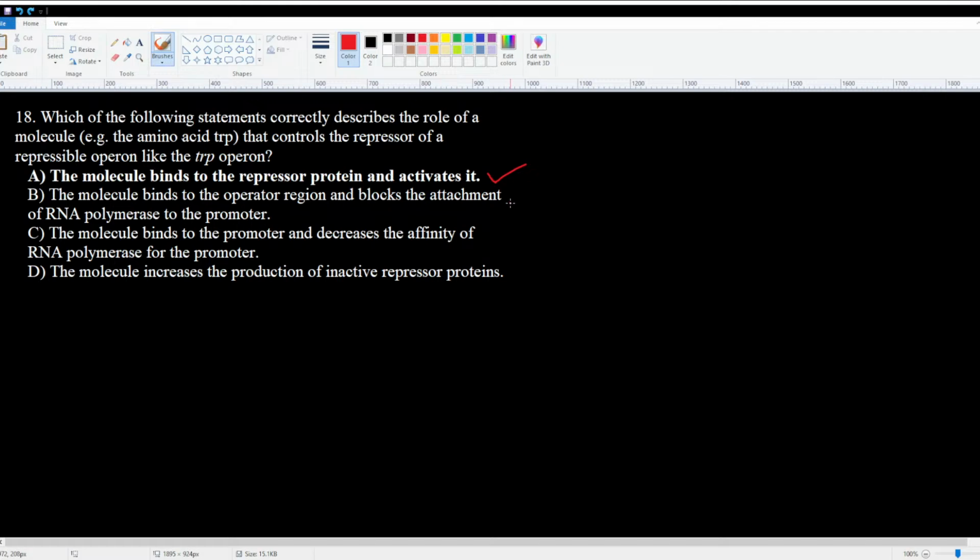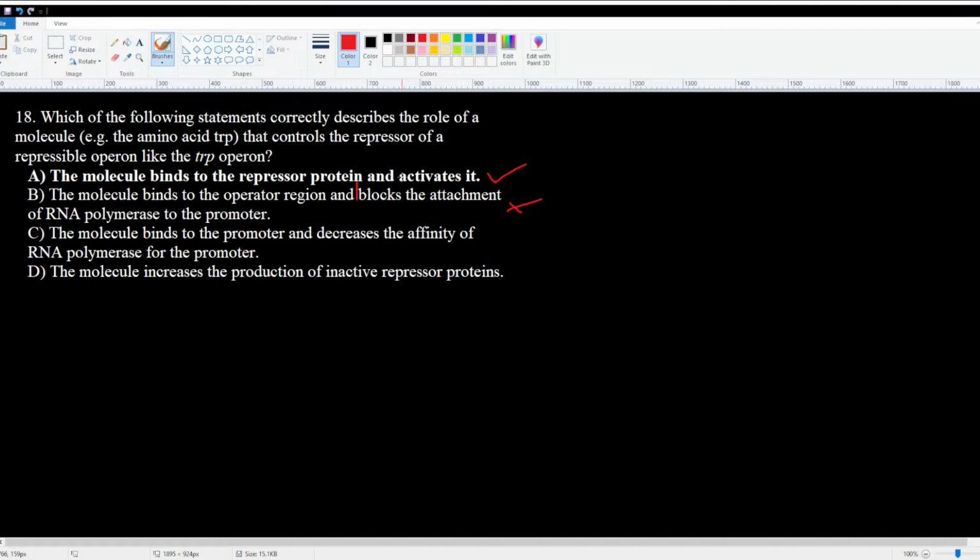A lot of people answered B, which is incorrect. So B is saying the molecule binds to the operator region and blocks the attachment of the RNA polymerase to the promoter. So this is really tricky, right? Because the molecule is not binding to the operator region. That one's not true. However, the repressor protein would block the attachment of the RNA polymerase to the promoter.